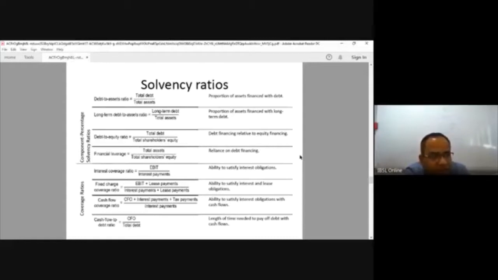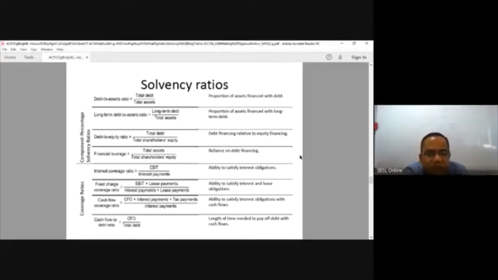So 100 divided by 200, you have 0.5, meaning 50% of their assets are financed with debt. That's what you understand. So the debt to asset ratio shows what percentage of the assets is financed by the debt.